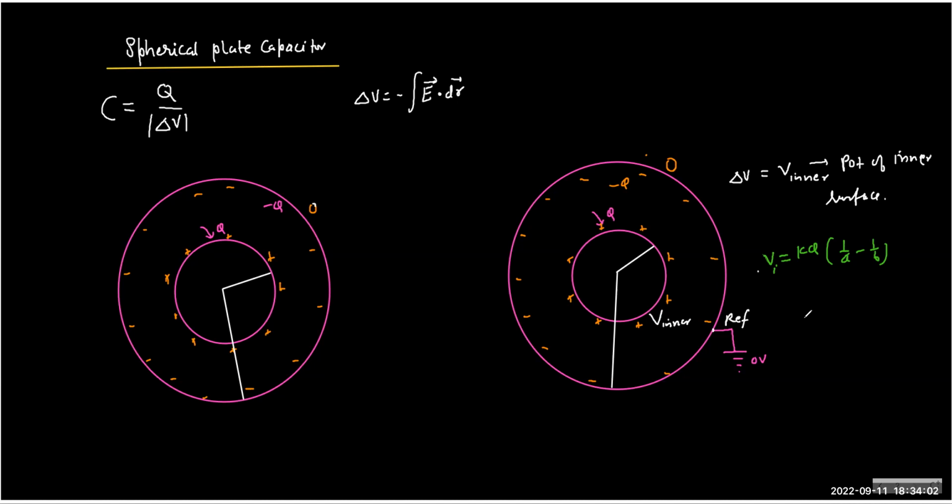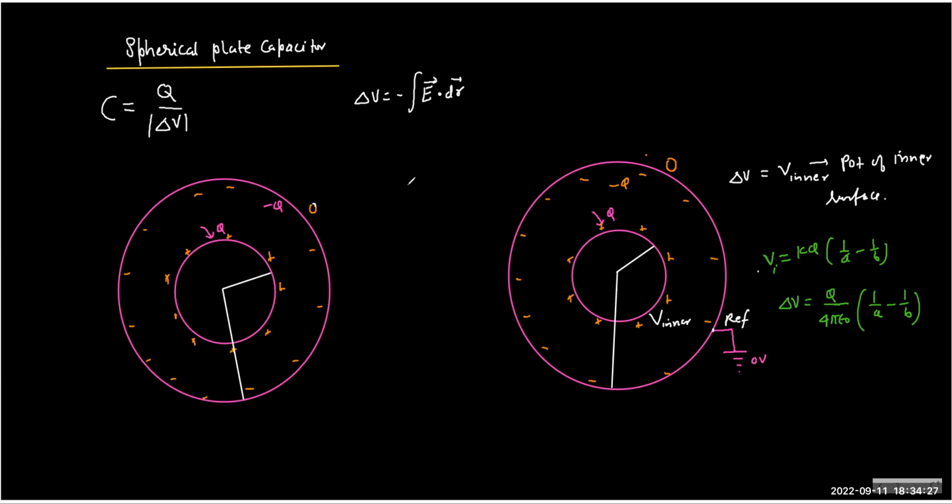And because this is the potential of inner shell, outer is at zero potential, therefore the potential difference is this much itself. So we got the delta V as Q by 4 pi epsilon naught (1 by A minus 1 by B).